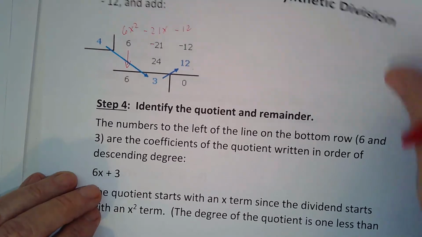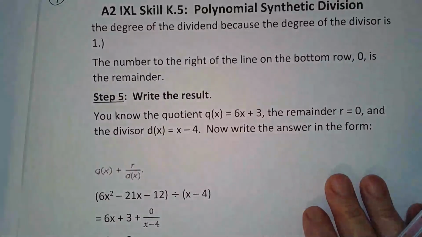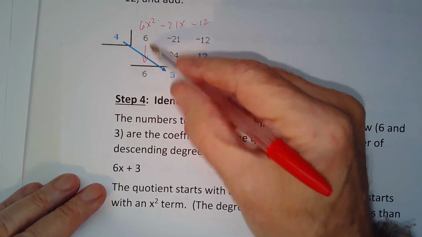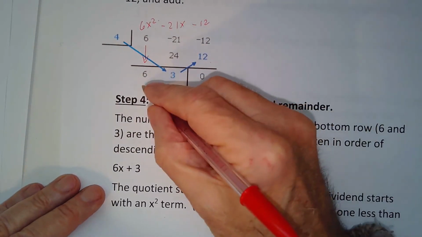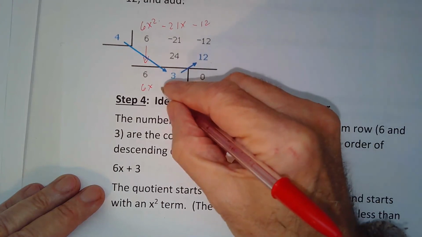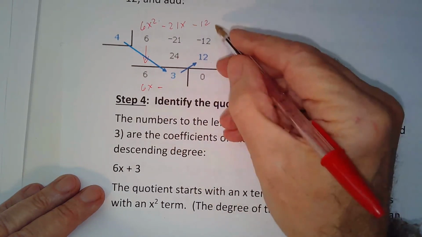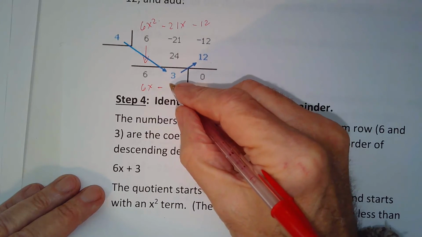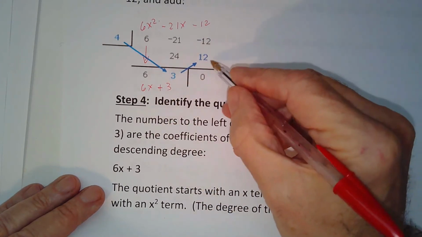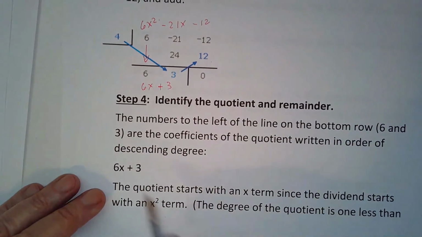So we're going to end up with this 6x squared becoming 6x, and the 3 here being the third term, plus 3.